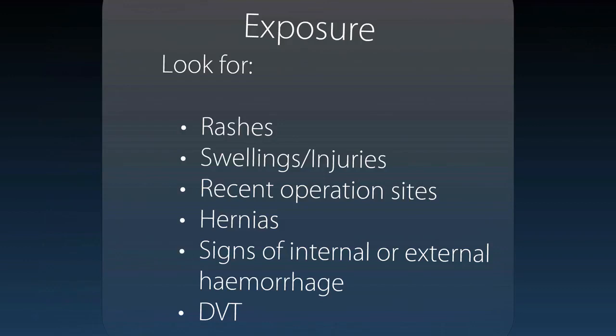Also looking at recent operation sites where the patient may be bleeding, examining their abdomen, looking for hernias which can cause a patient to become septic and unwell and can often be missed, and looking for signs of either internal or external hemorrhage. Another important clue would be swollen limbs, which can be caused by deep venous thrombosis, which may lead to pulmonary embolus and an acutely unwell patient.